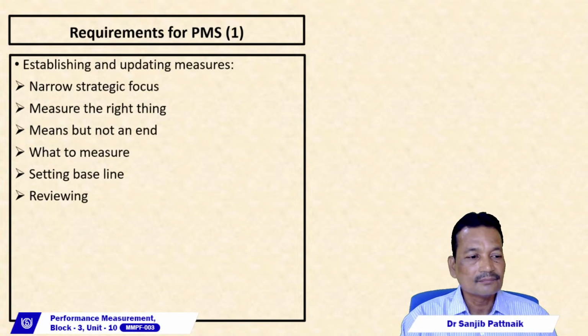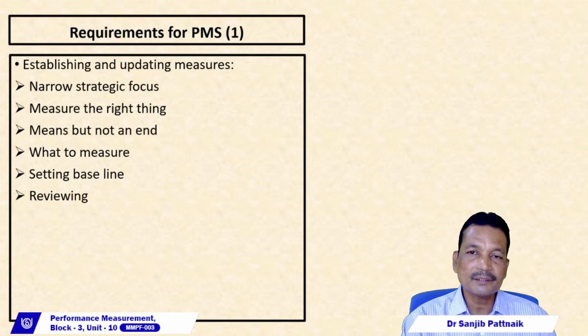Second is measure the right thing. Suppose we have developed a measurement system, and we are measuring an activity for which it was not intended to serve the purpose.